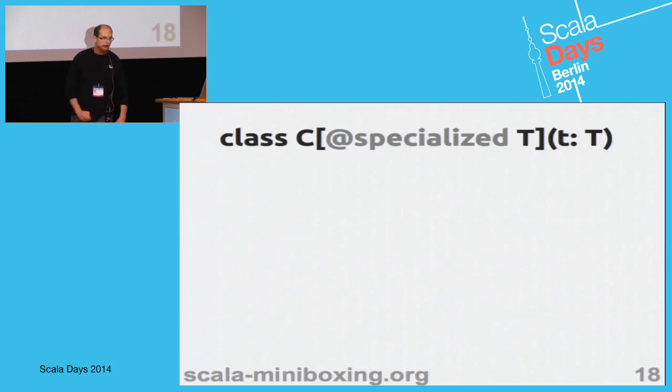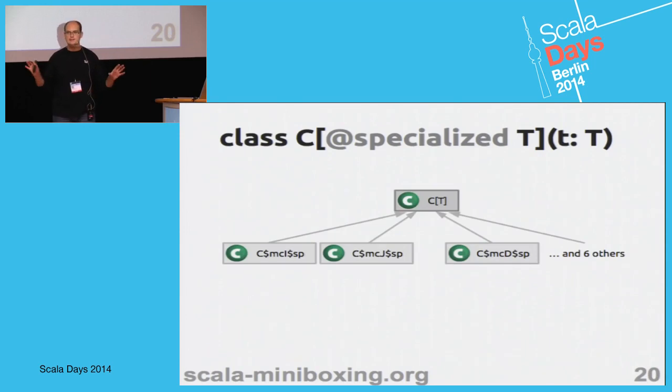Okay, so you have class C, marked with @specialized. What happens? We start from a class C, and specialization, as the class gets compiled, automatically creates specialized variants. What does it mean? It's a copy of the class that inherits from the generic one, and it's adapted for a primitive type.